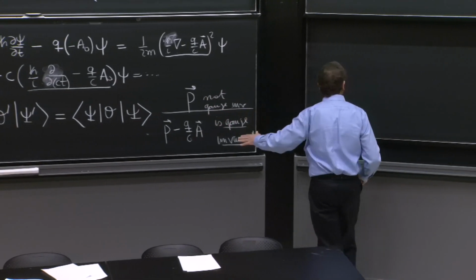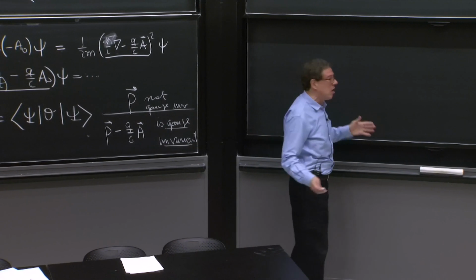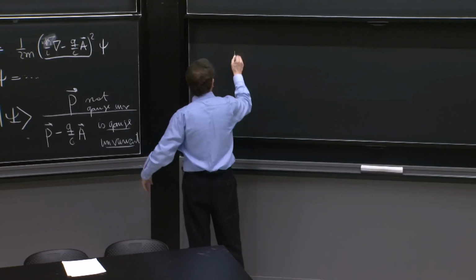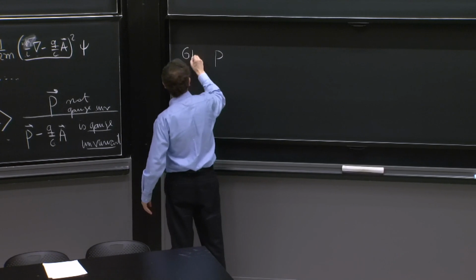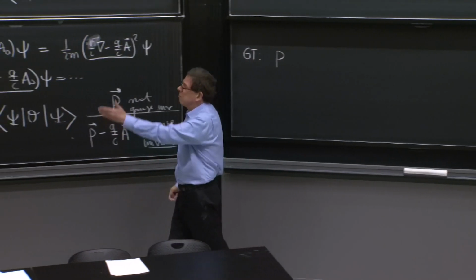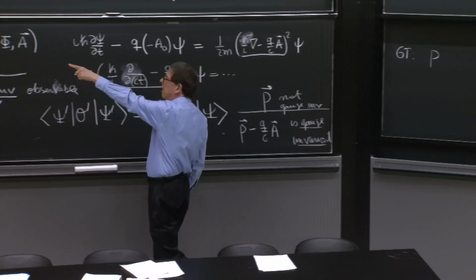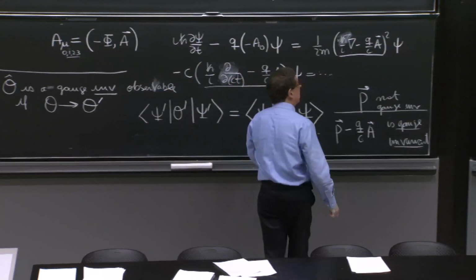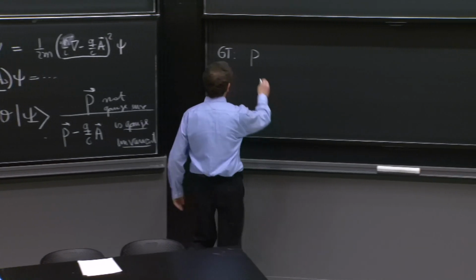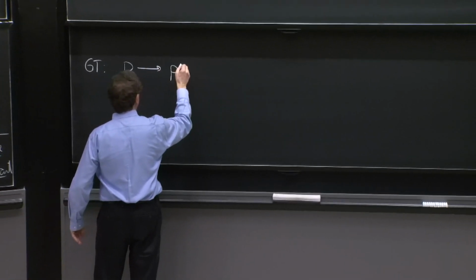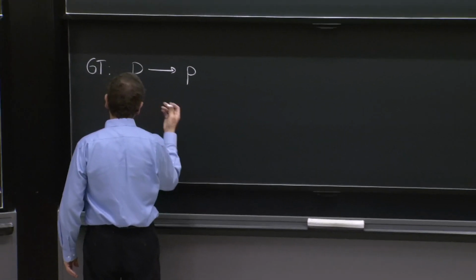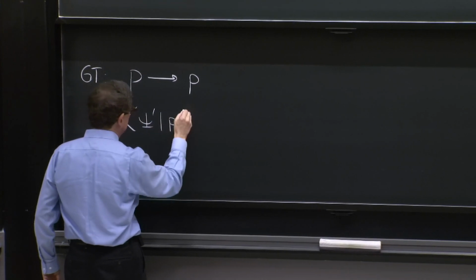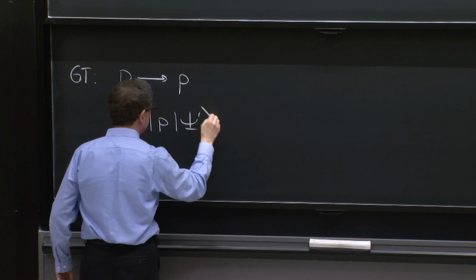And you know, it's almost obvious that P is not gauge invariant. Why? Because under a gauge transformation, the gauge transformation says change A, change phi, change psi, but it doesn't say change P. So under a gauge transformation, P goes to P. But then let's look at psi prime, P, psi prime.